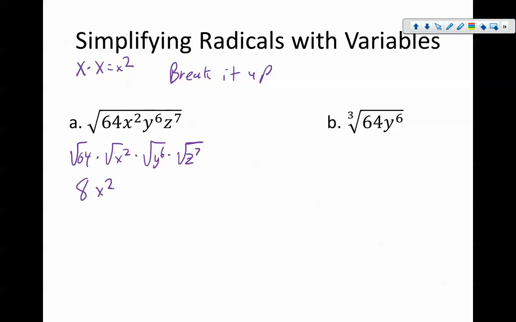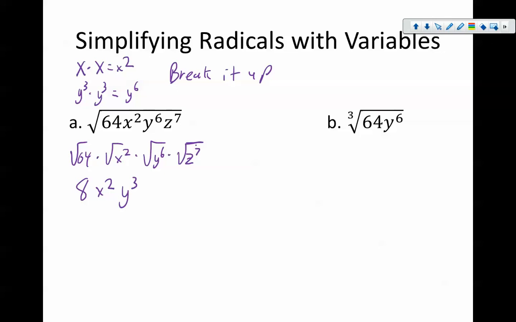So this is x directly. What about y to the 6th? What number times itself is y to the 6th? Well, y cubed times y cubed, that's the same number. And when you multiply it by itself, it's y to the 6th. So this is y cubed.